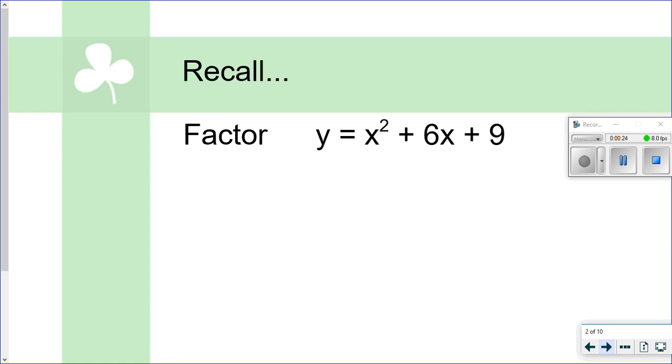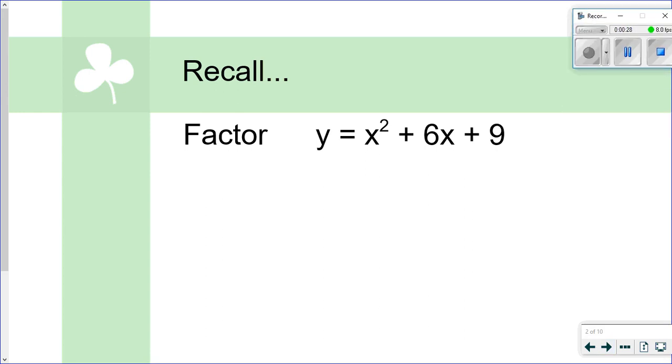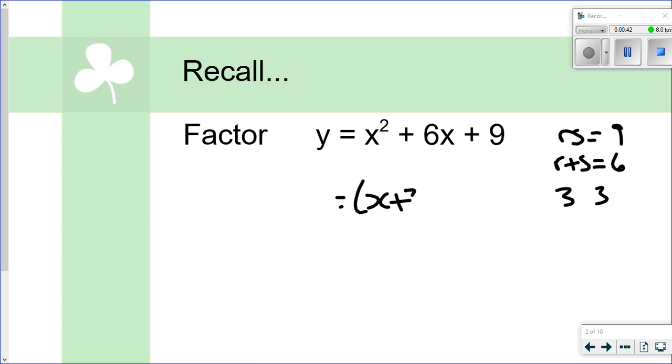Now, this is considered a special case, but we already know how to do this. So what makes this special?